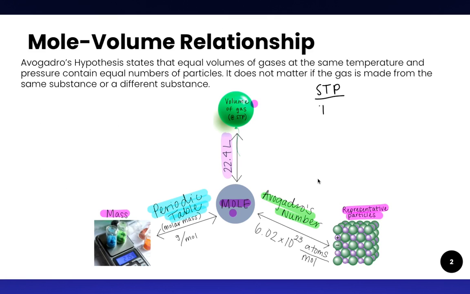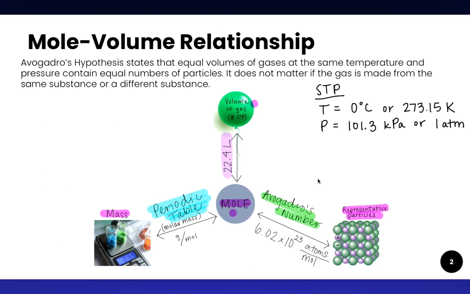So for the temperature, it's 0 degrees Celsius or 273.15 Kelvin. The pressure is equal to 101.3 kilopascals or 1 atmosphere.